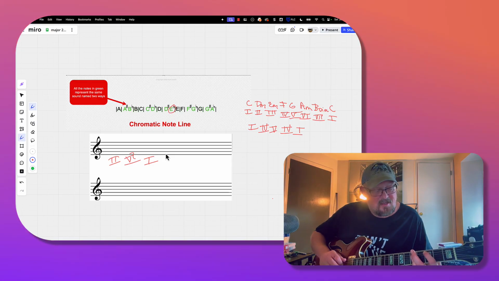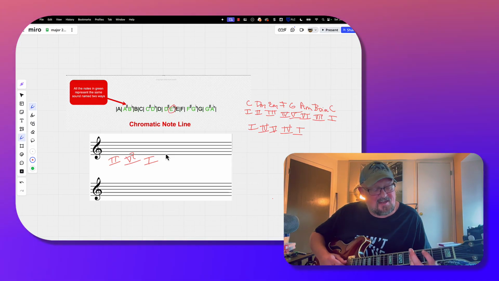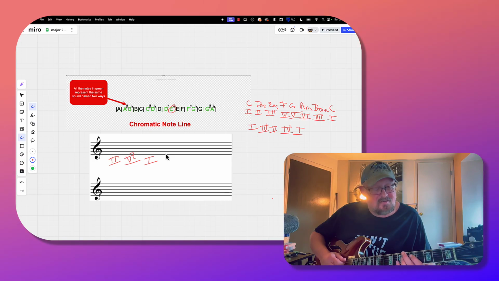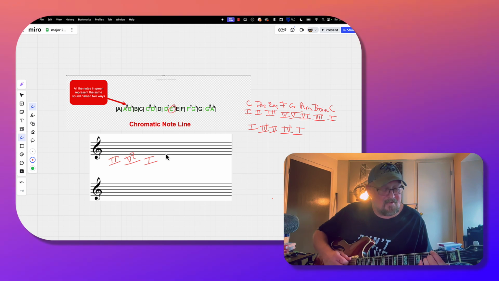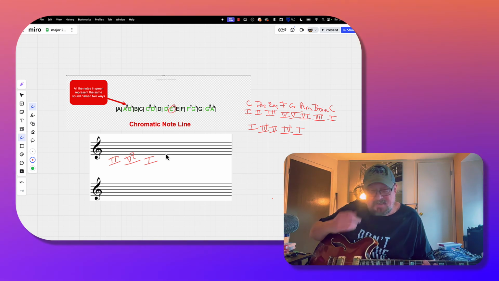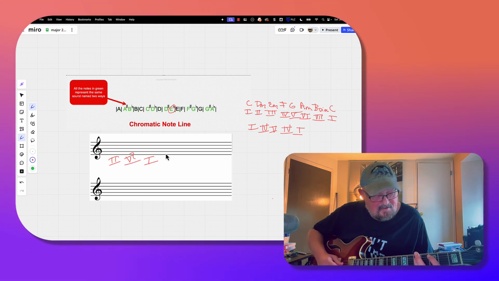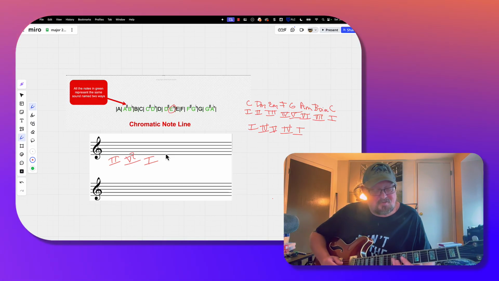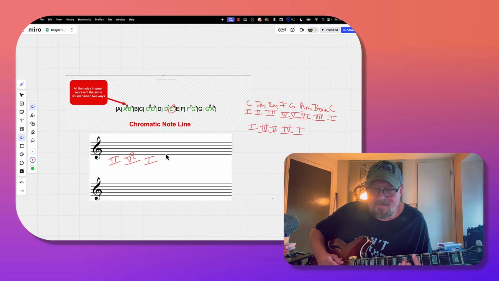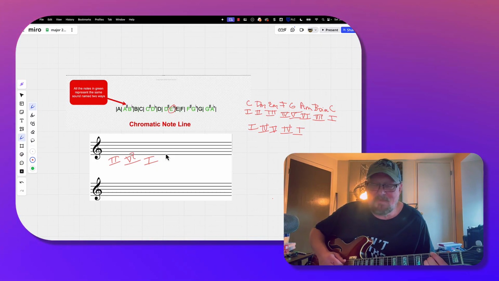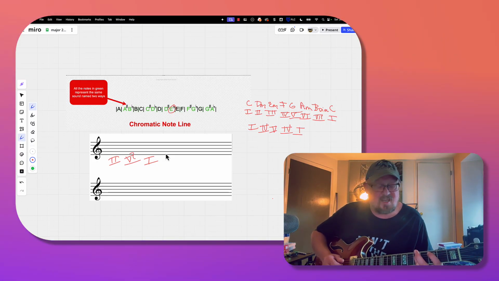Well, that's easy. Well, what if I had a C goes to the 5/7 of 2, going to 2, going to 5, to 1. I could go to C. I could put the 2 in front of it and make it a little bit more color.